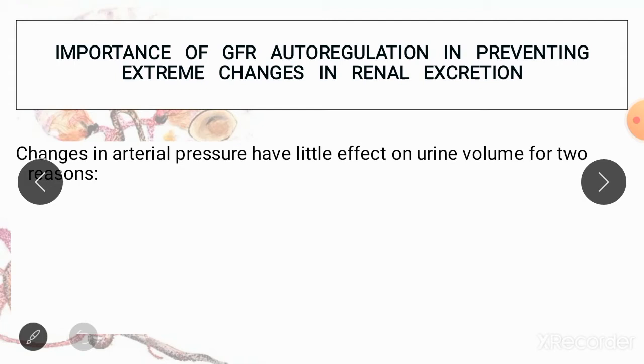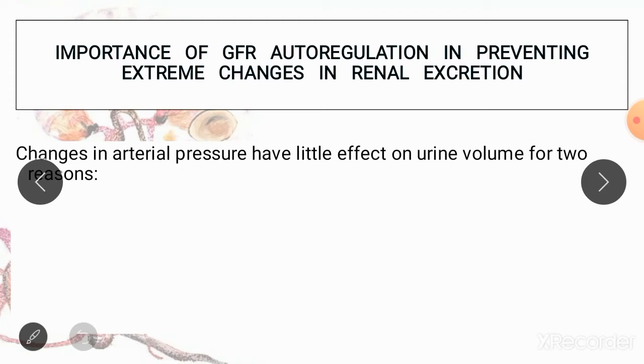And if the excretion is greater than 3 liters per day, this is known as polyuria or excessive urination. So both of these conditions are harmful, and it is very important to keep the urine excretion within a strict range despite changes in blood pressure, and this is known as autoregulation.